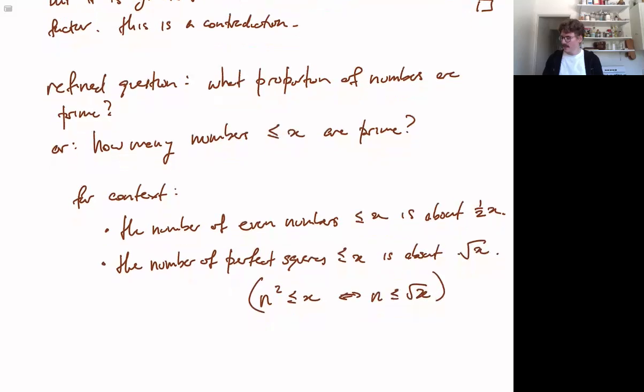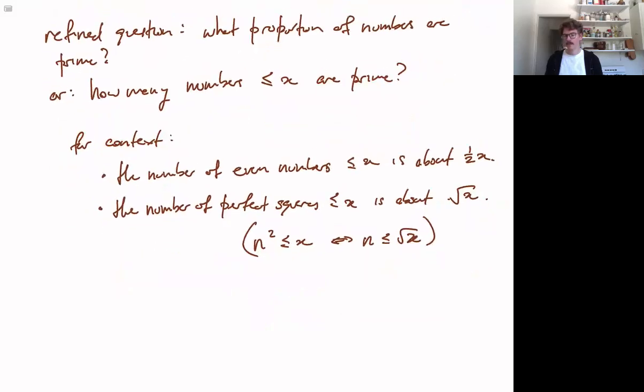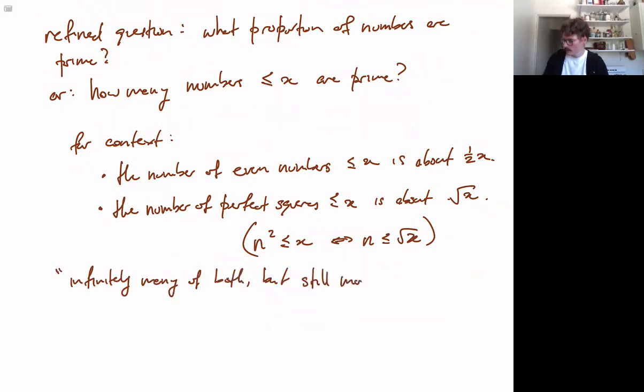So you can see that this is a little bit more refined than the answer we gave before, because you can think of this as saying there's infinitely many of both, but somehow there are still more even numbers than perfect squares.